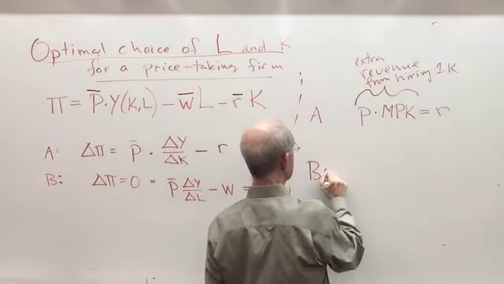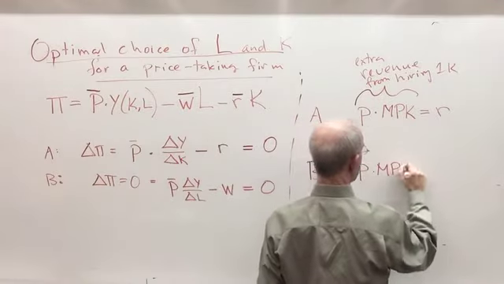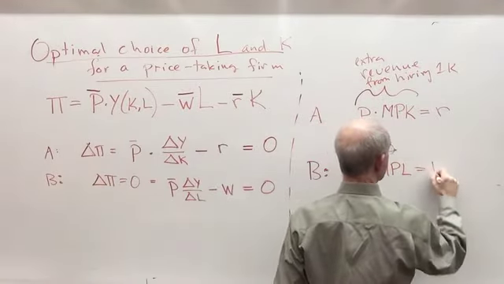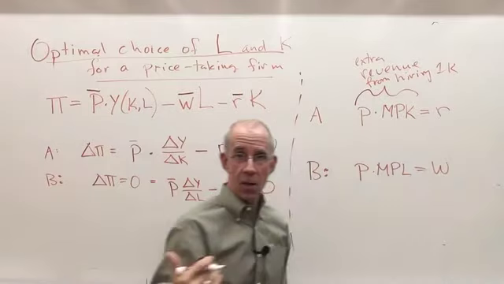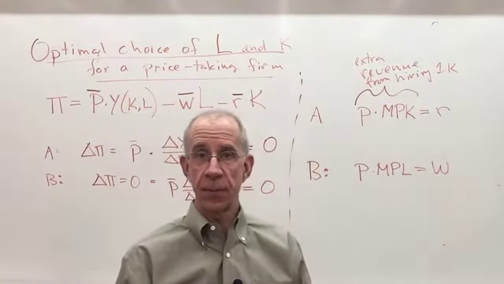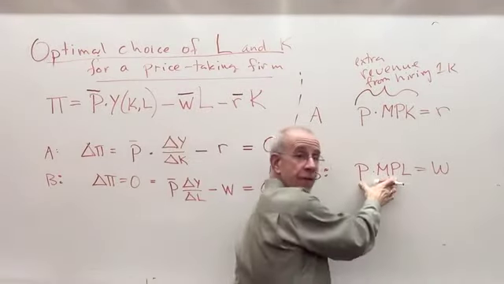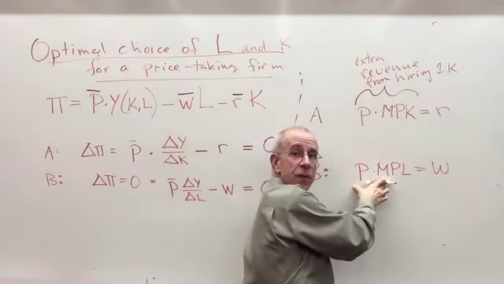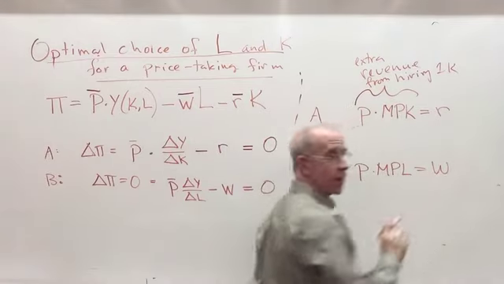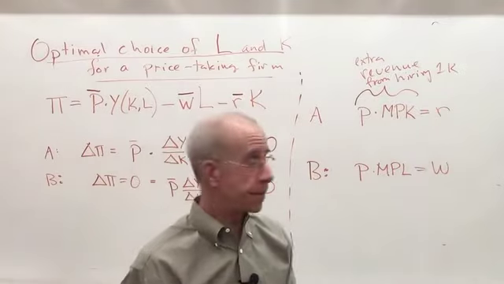Condition B: price times marginal productivity of labor is going to be equal to the wage. It's the analog for the choice of labor. The left-hand side here is the extra revenue you get by hiring a worker. That's how much you have to pay a worker. Again, for the competitive firm.